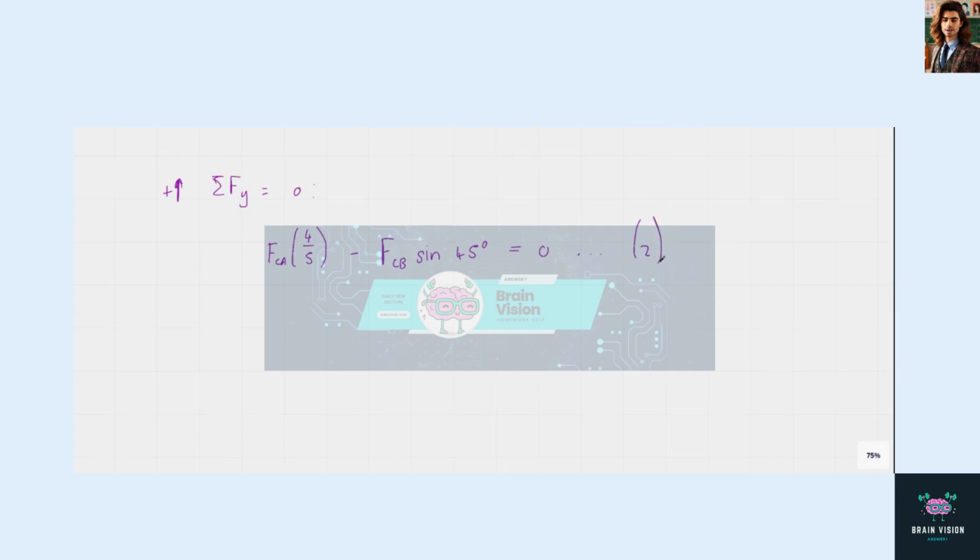So we'll call this equation 2. Now we can solve equations 1 and 2 simultaneously, and we get firstly FCB to be 275 newtons, and then the tension FCA to be 243 newtons.